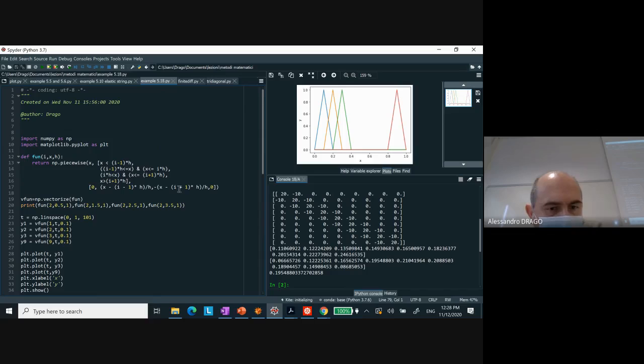Third condition, you get this. Fourth, you get 0. So there must be, of course, an exact matching between the number of conditions, which must be mutually exclusive, because we want to have a piecewise function. This is what happens for x smaller than this, this is what happens when x is between this, and so on and so forth.